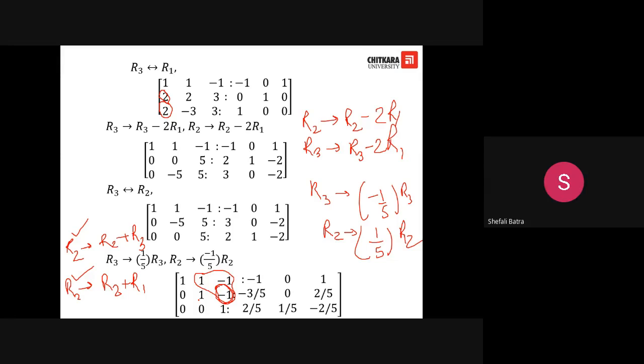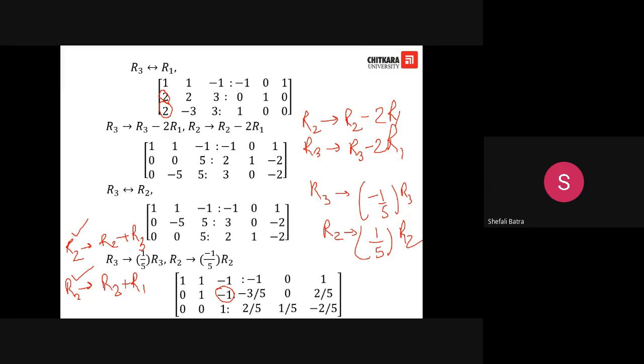This is what I want to tell: after making these entries 0, you need to make this entry and this entry as well as this entry 0, right? So first I'm targeting this entry. Hitesh told me I can apply R2 implies R2 plus R1.